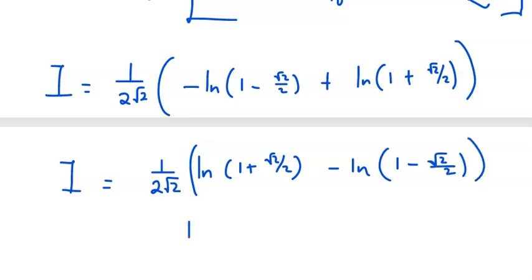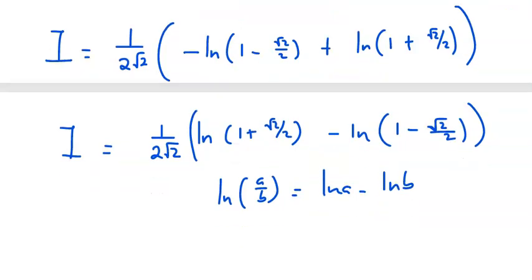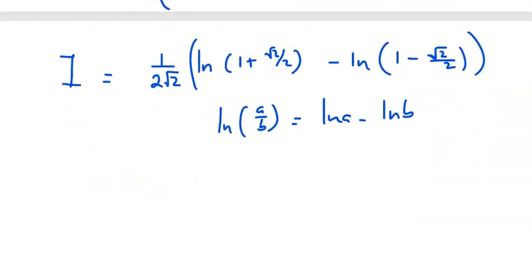So we have this property of logarithm: the log of a divided by b is equal to log of a minus log of b. So we're going to use that identity here. But before that, let us first simplify properly.